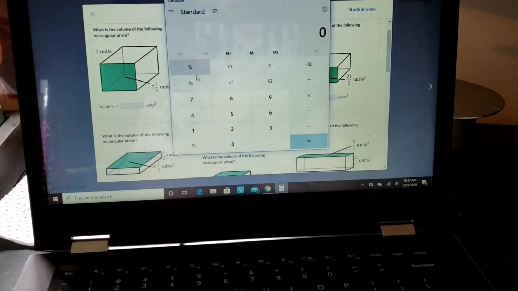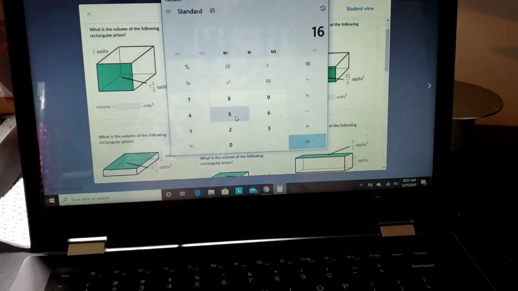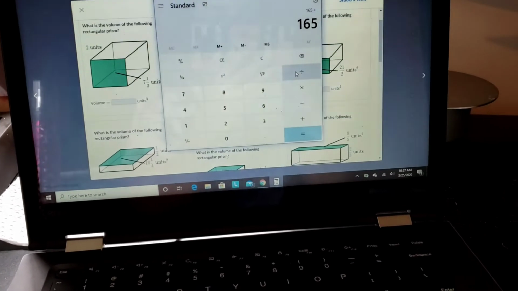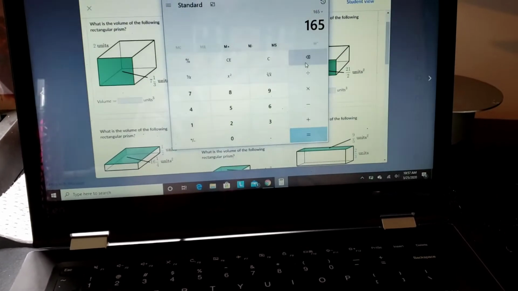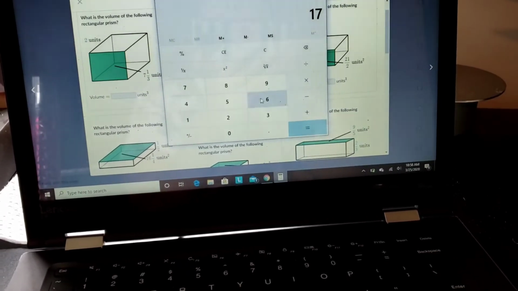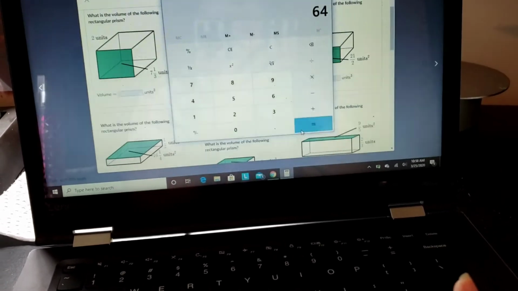So we have 175, oh, I'm sorry, 175. Let's try again. 175 divided by 64.